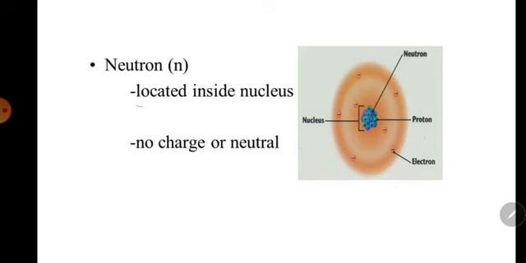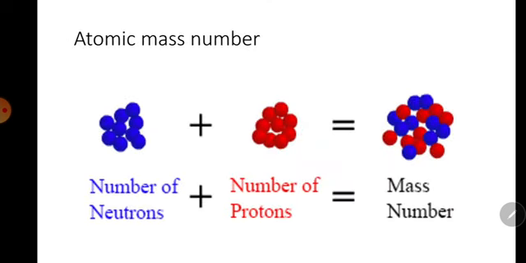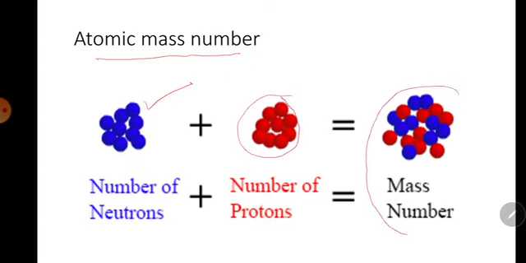Neutrons are located inside the nucleus, with no charge, neutral particles. Atomic mass number: the number of neutrons plus the number of protons in a nucleus is called the mass number.